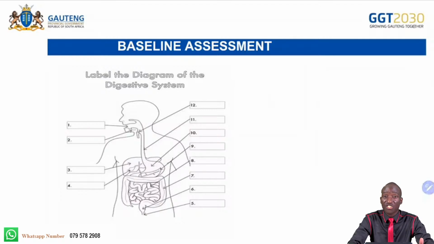The instruction says label the diagram of the digestive system. It is numbered from number 1 up to number 12, so I need you to fill all those boxes with the correct labels. I'm going to give you 4 minutes to quickly work on the assessment. Thereafter, we will look at the corrections. Let's get started.